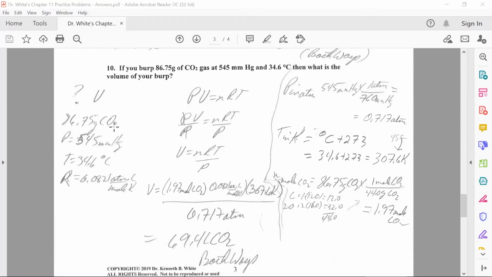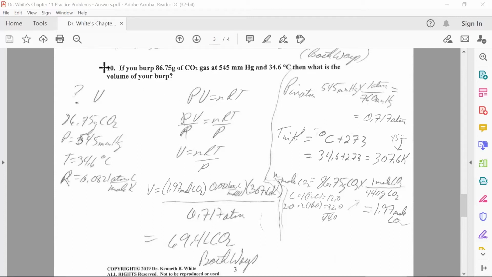Volume, V. You're given a weight, a pressure, and a temperature. And on the important information, you're also given R. How do I know I need that? Well, if you look at the problem, you're dealing with a gas. Are any of the variables changing? No. And therefore, you know you should use PV equal nRT.